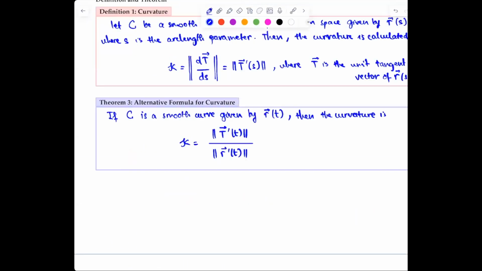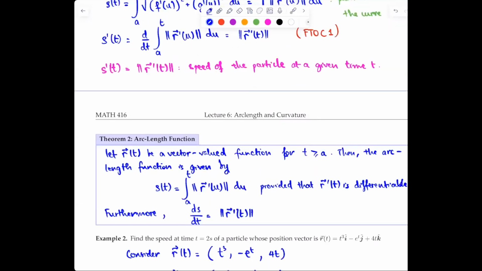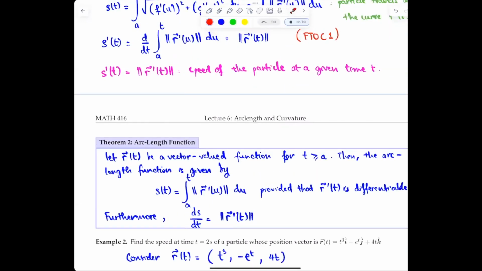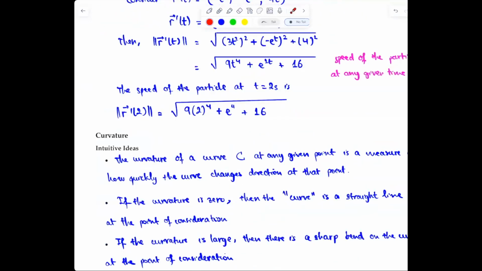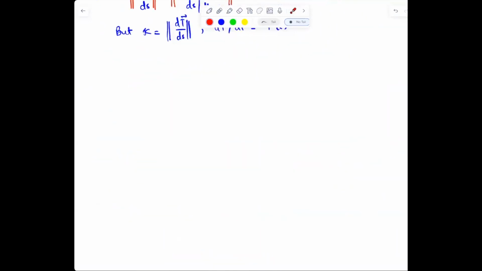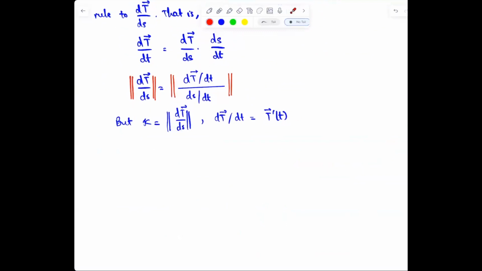If you scroll up or turn to earlier, this is the formula we're going to use for ds/dt. So ds/dt is equal to the magnitude of the tangent vector, not the unit tangent vector, just the tangent vector, r prime of t.